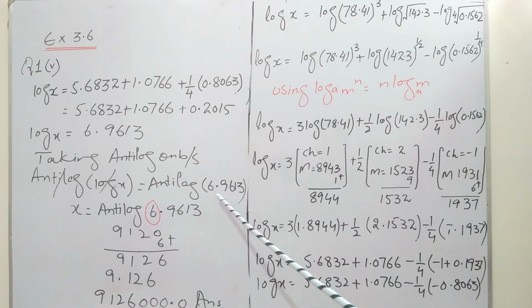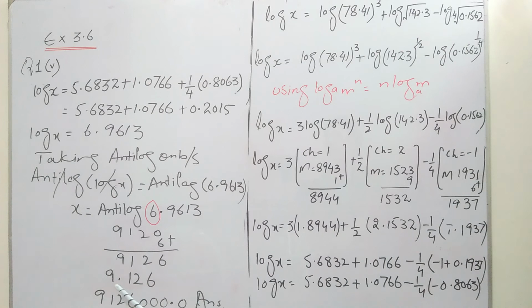Now we find anti-logarithm of this value. For anti-logarithm, leave the characteristic. We concentrate on the mantissa, which is 0.9613. In the logarithm table in the anti-log page, check out the value of 96 under the column of 1, and then in the difference column in 3 we get 9120 plus 6, which is 9126.